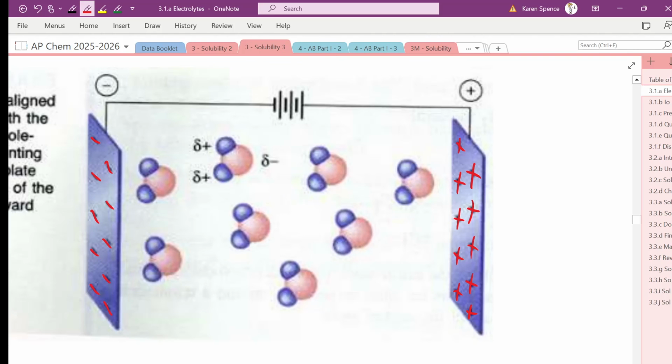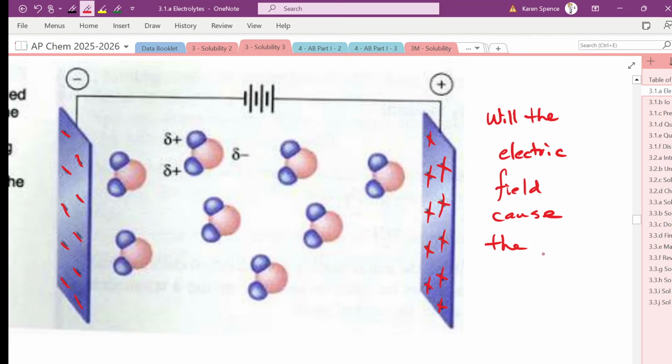Will that electric field cause the polar molecules to move? Have a chat about that. Will the electric field cause the polar molecules to move?